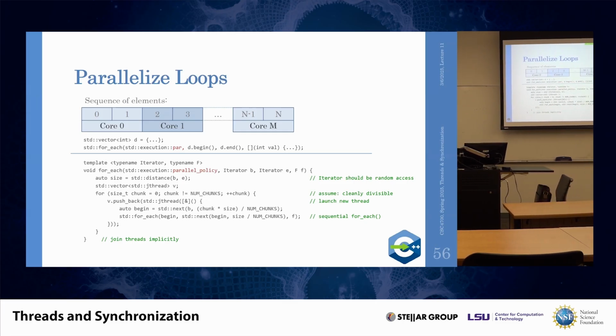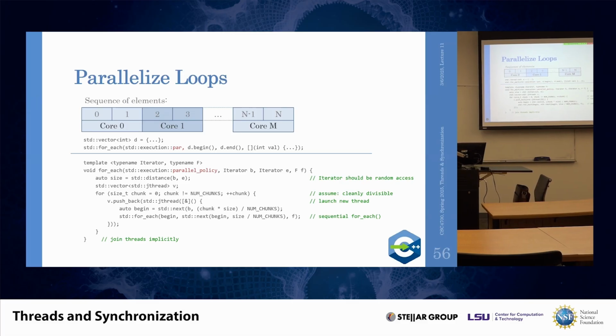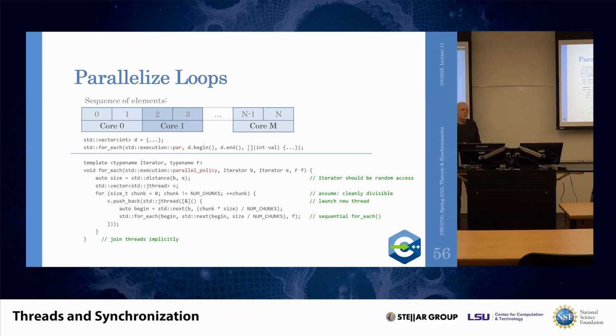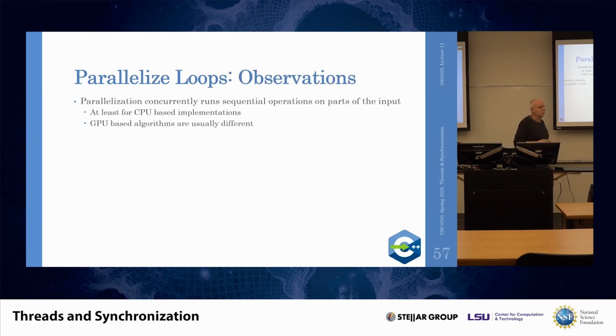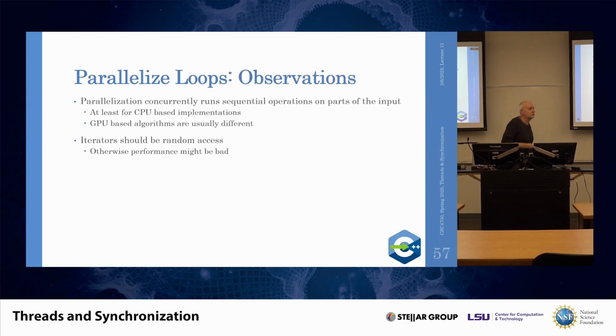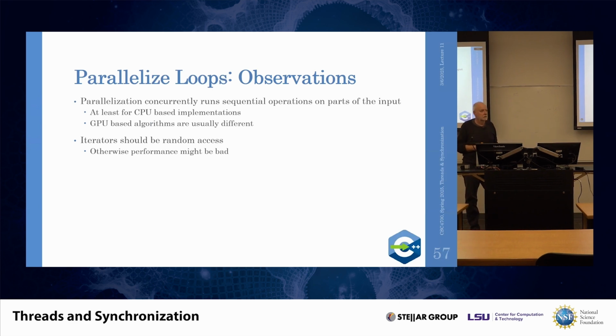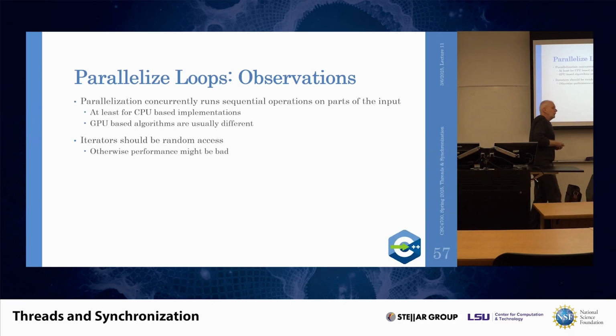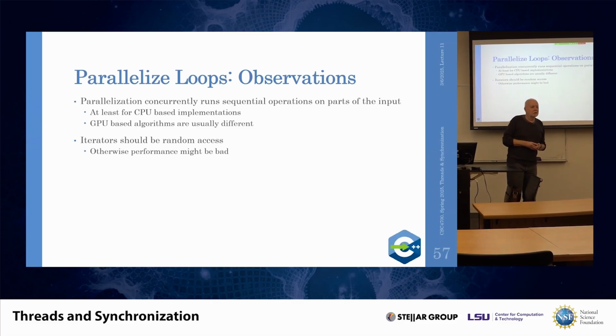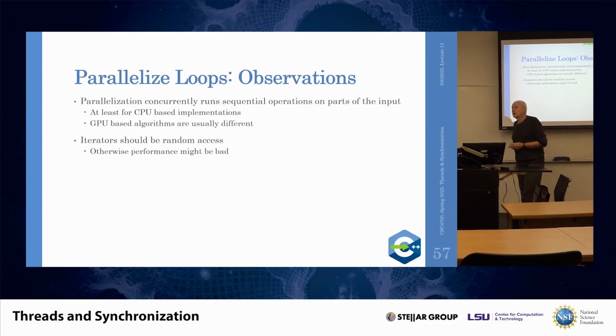The essence is, be aware that whenever you use parallel algorithms in C++, the iterators you're passing to the algorithm have to be random access. Otherwise, you will not get good performance. Or vice versa: if you're getting bad performance, one of the reasons could be that you're passing iterators that are not random access.